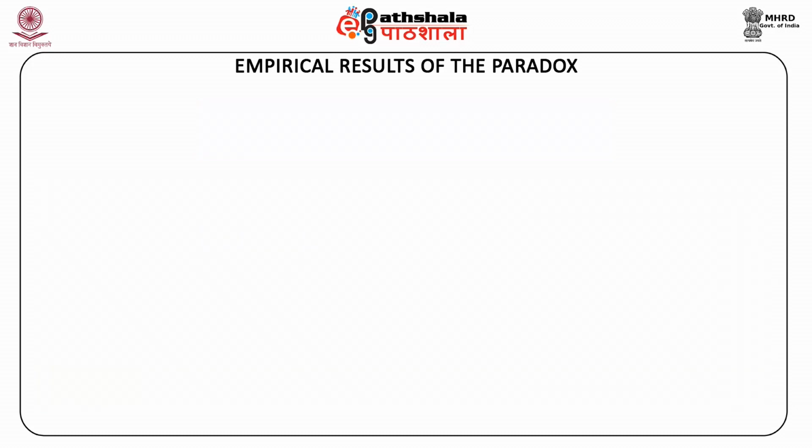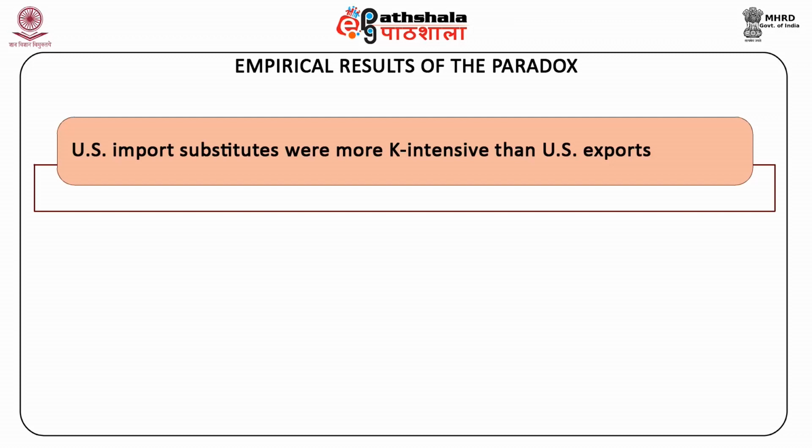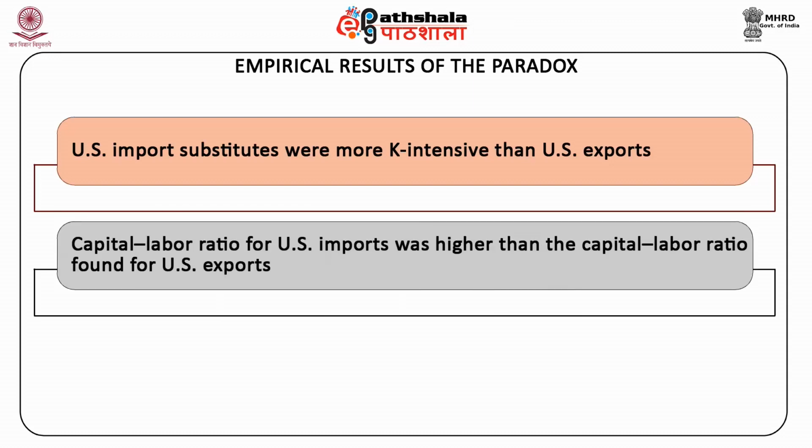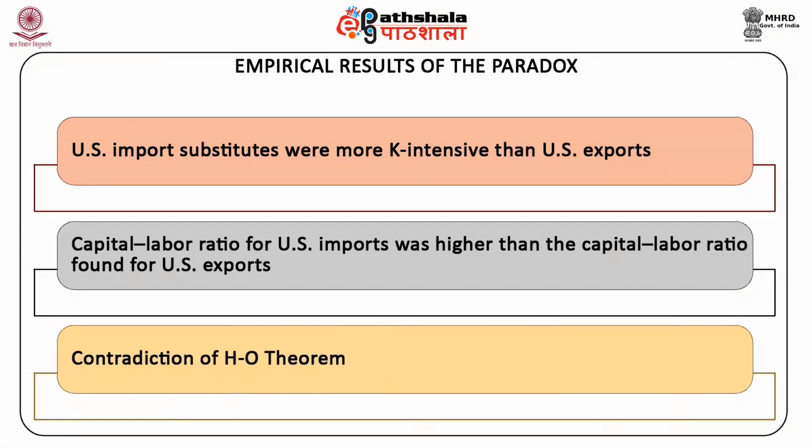What Leontief actually found, however, was just the opposite. US import substitutes were more K intensive than US exports, that is, the capital-labor ratio for US imports was higher than the capital-labor ratio found for US exports. This finding contradicted the Heckscher-Ohlin theorem.